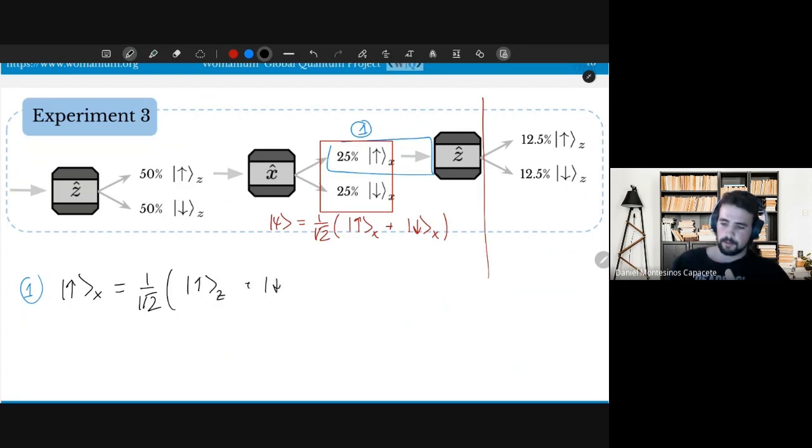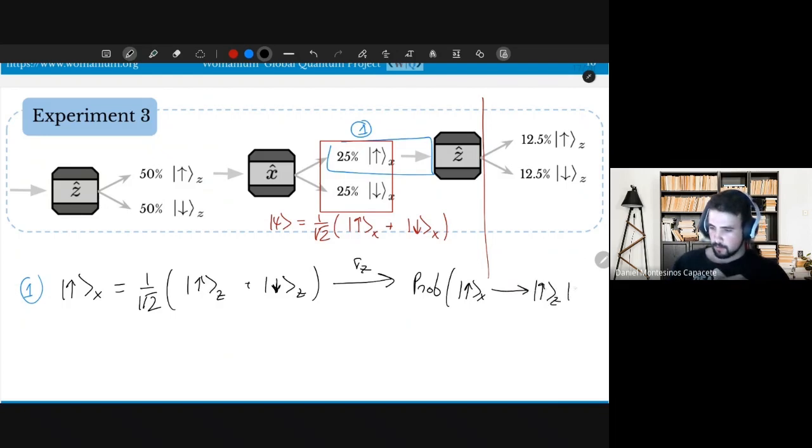These are just vectors, right? Very well. So again, if you measure sigma theta, the probability of this state going to the up or down is going to be 1/2, right?